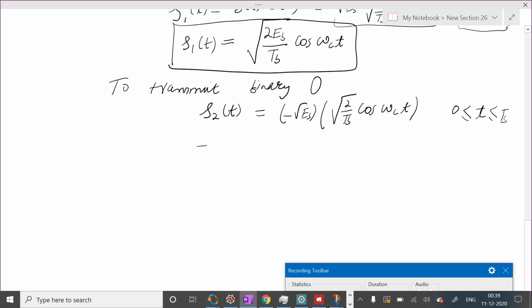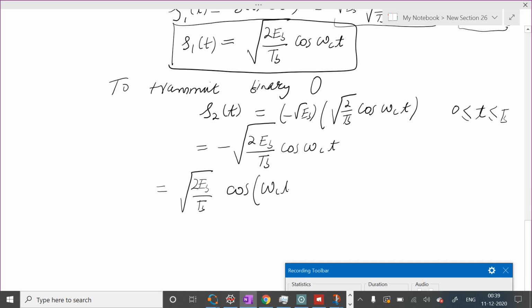So this becomes minus under root of 2 Eb by Tb cos of omega_c t. But there is one more way to represent it. I can also write it as root of 2 Eb by Tb, cos of theta plus pi is minus cos theta, so I can write cos of omega_c t plus pi.